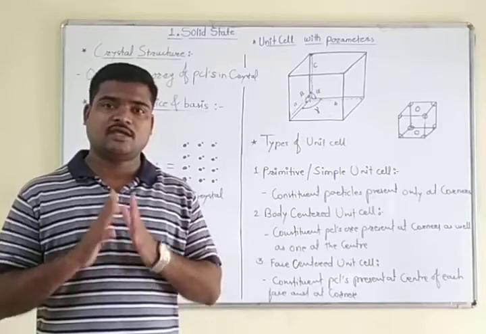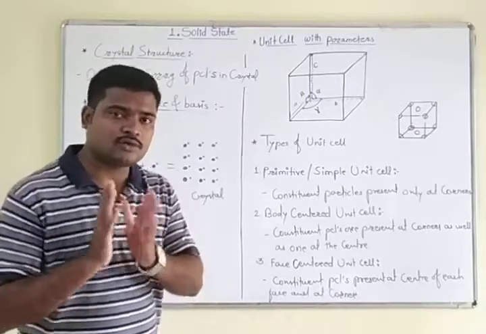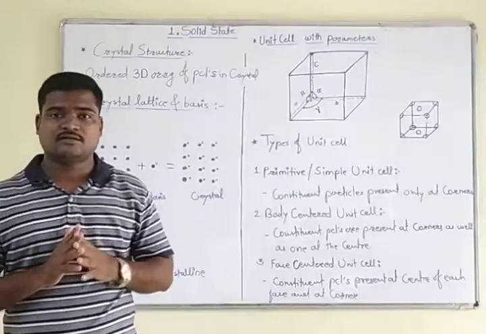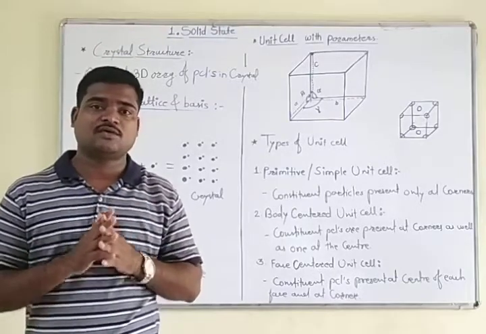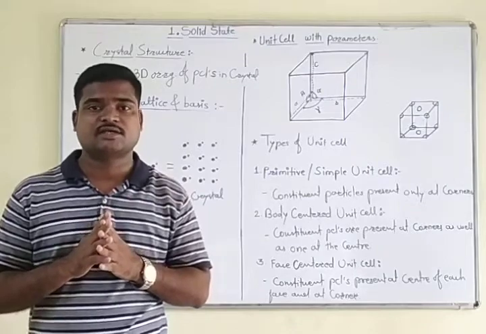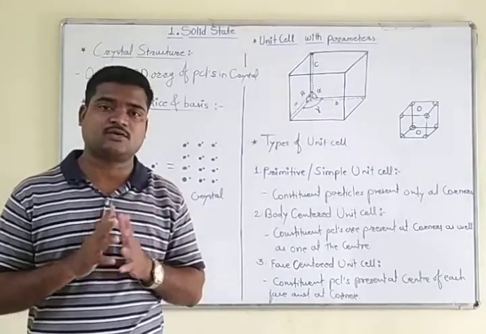Now today, in continuation with this solid state chapter, we are going to look at this point, that is crystal structure. The crystal structure we have to show with the help of atoms, ions and molecules. This concept is also known as crystallography.